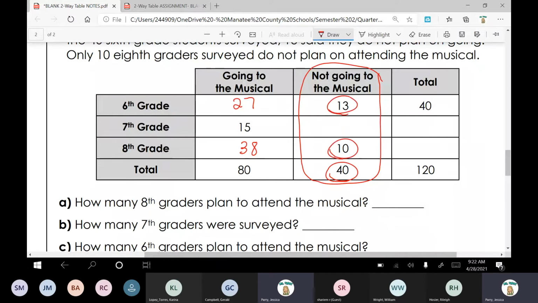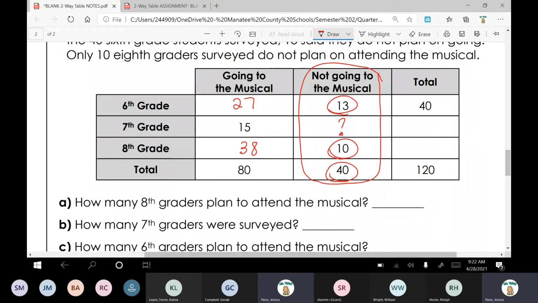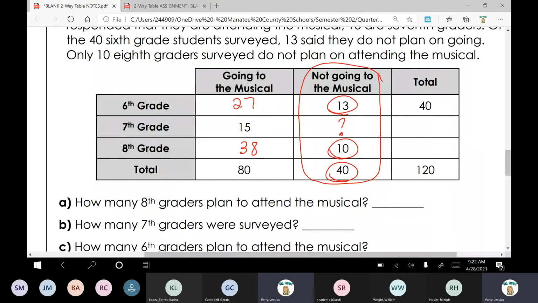So you can go in any order. You could do 40 minus 10 and then minus 13. Or you could do 40 minus 13, then minus 10. And then go ahead and tell me, what do you get? What would be our missing number? You can type it in the chat or you can turn your microphone on. But what would be that missing number?